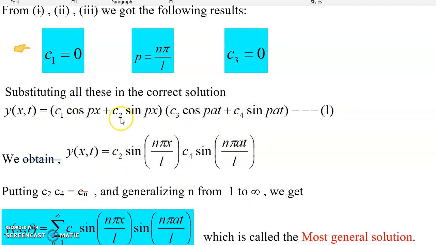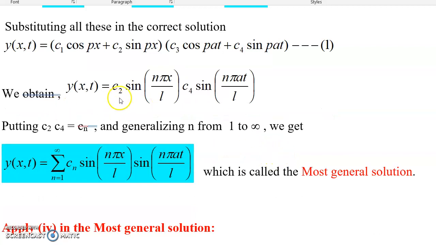So the solution now reduces to C1 equals 0, so C2 sin Px. In the place of P, substitute n pi by L, so C2 sin n pi x by L into, in the second term, C3 is 0, so you have only C4 sin P. In the place of P, we substitute n pi by L. Now, club C2 into C4; generally, we write that as Cn, and we allow n to take all the values from 1 to infinity.